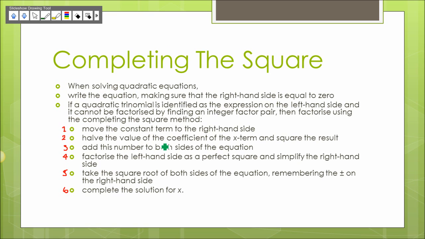Halve the value of the coefficient of the x term and then square the result. Right, so this is the x squared term, this is the x term, the one that's just sitting by itself. So we need to halve that number and square the result. Let's do a little bit of working up here.